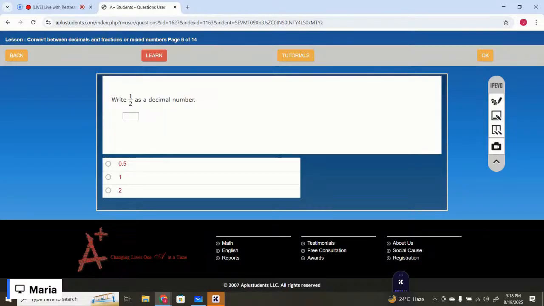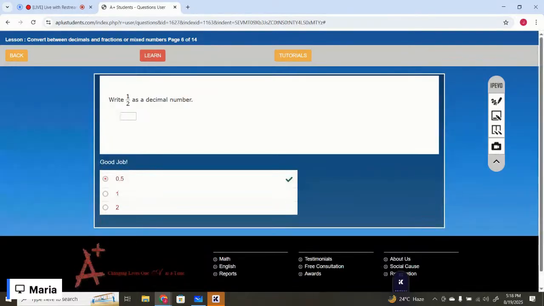Write 1 by 2 as a decimal number. That is 0.5. Option number 1 is the correct option.